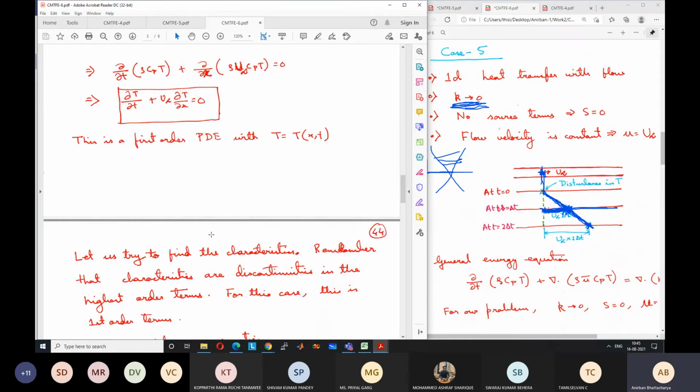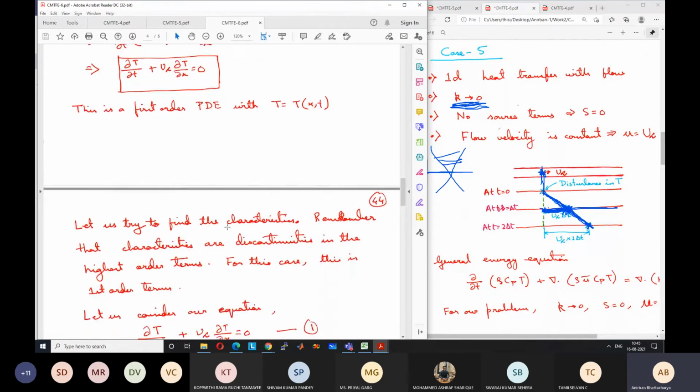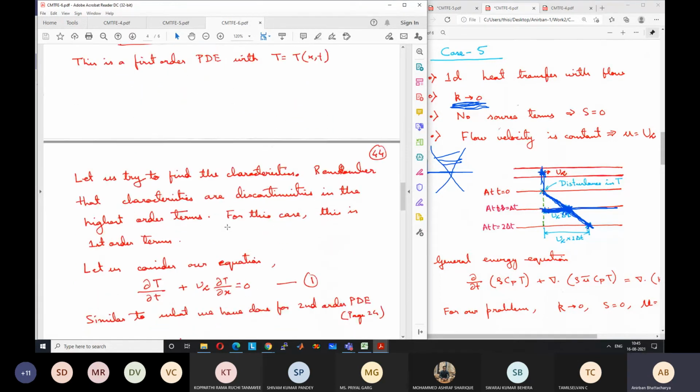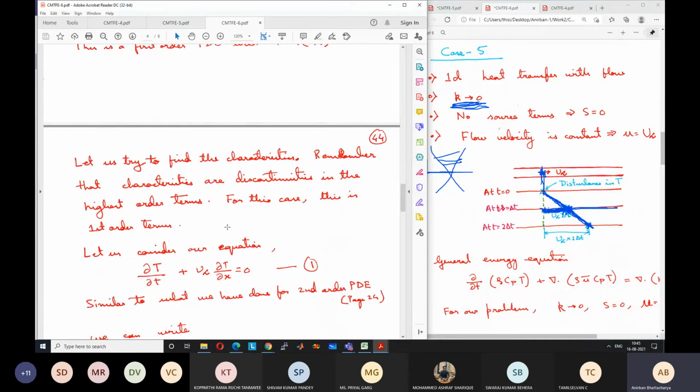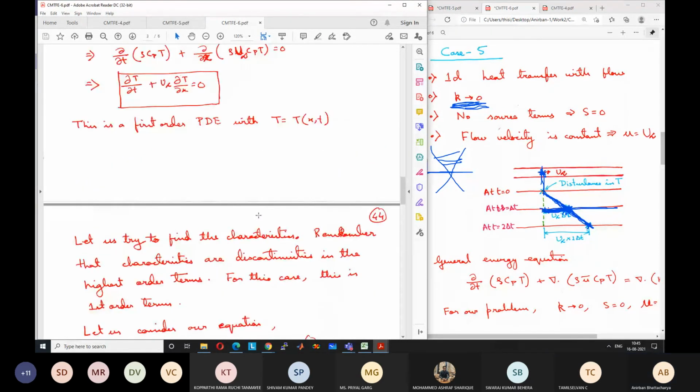Similar to the second order term, if you remember in the previous class we derived how to find the discontinuities. Same thing we will do. We will try to form an equation and find the case where the determinant is equal to 0, for which there is no solution.